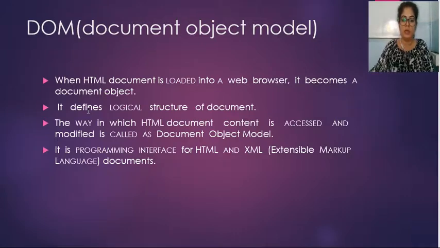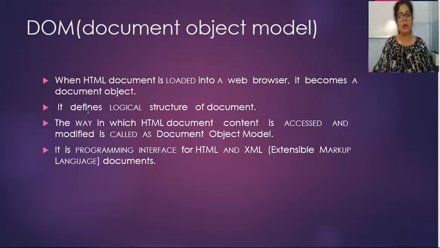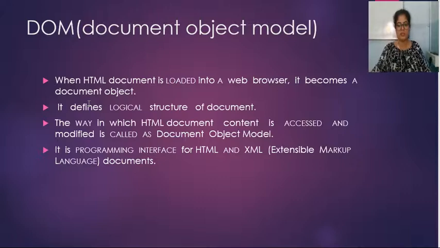You can also get a question on this. The way in which HTML document content is accessed and modified is called the document object model. The next thing is the way in which you access the HTML document, because once you create the HTML document, you can run it using a browser to access it.